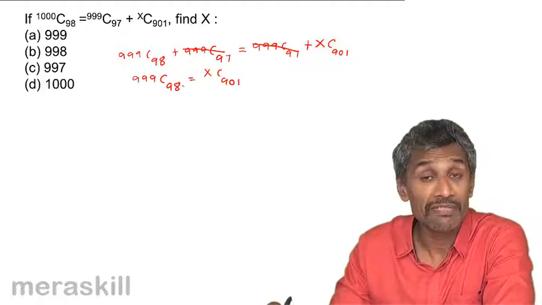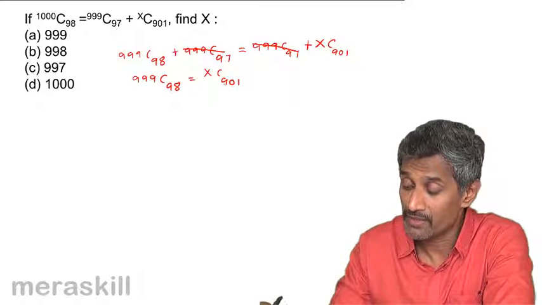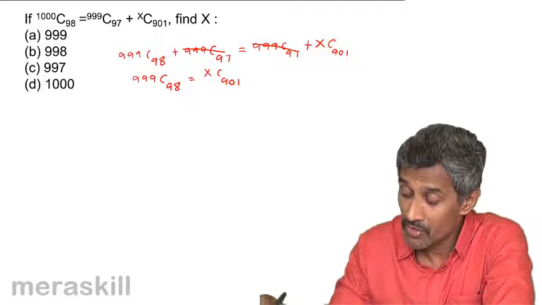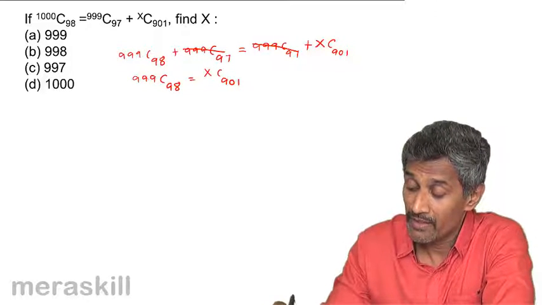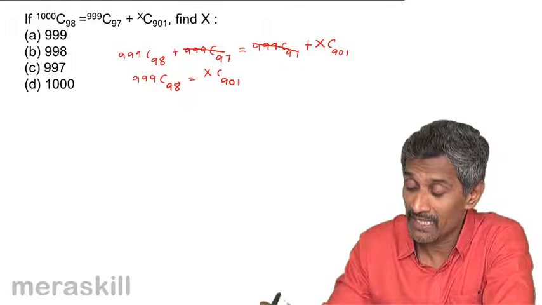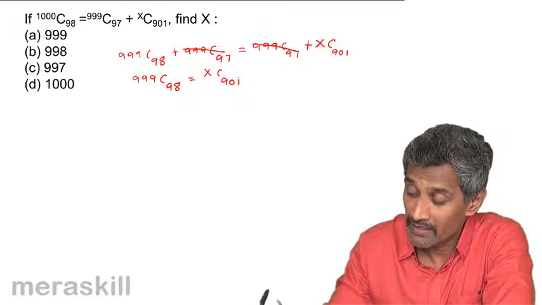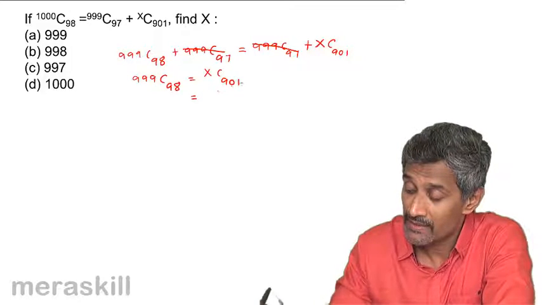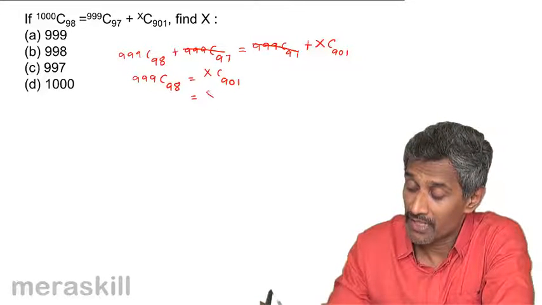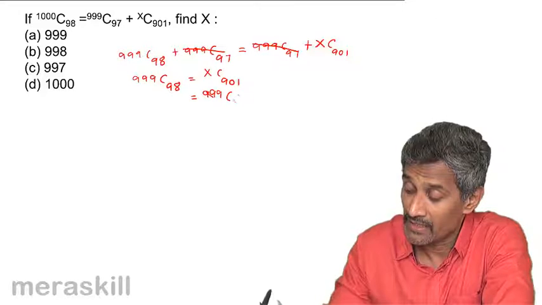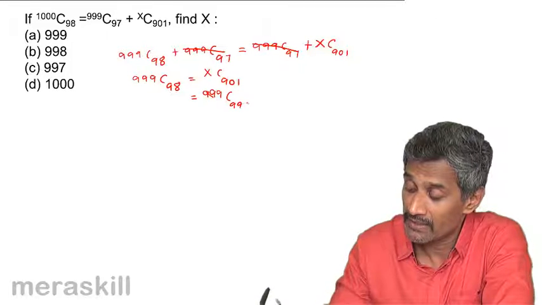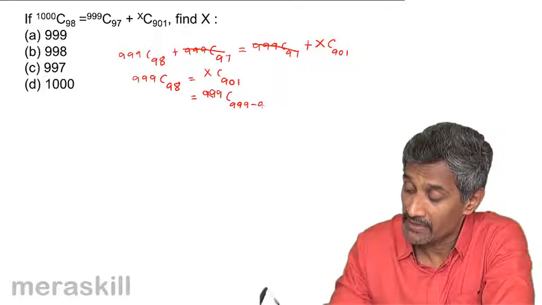Now, in the previous example, we equated the R's, but here R is not equal. But here this 901, if X becomes 999, then this 901 can be written as 98. Suppose you take X as 999, this 901 can be written as 999 minus 98.